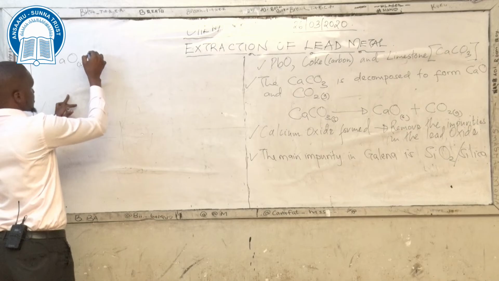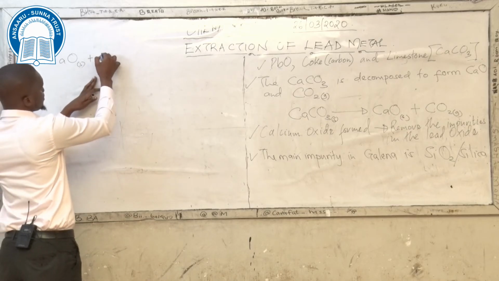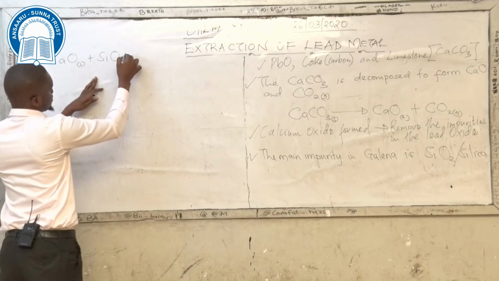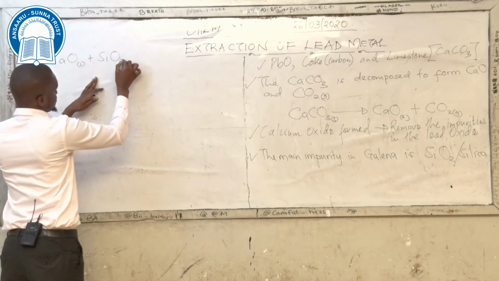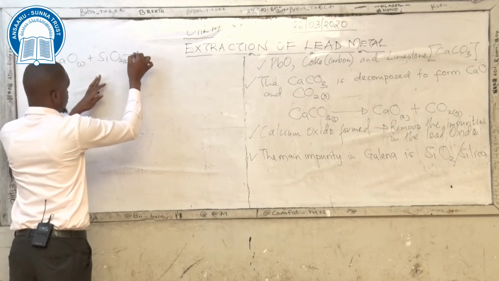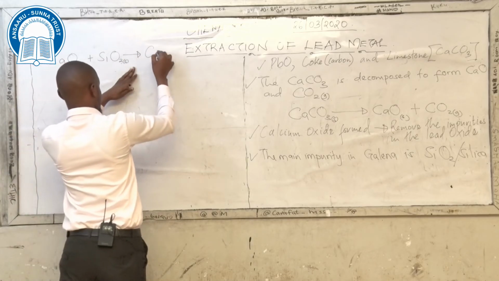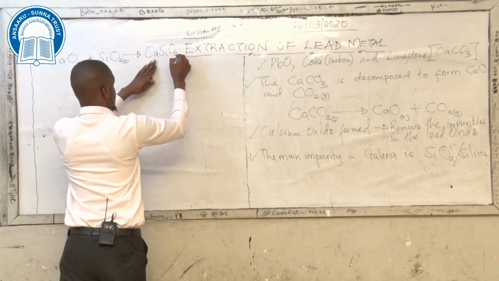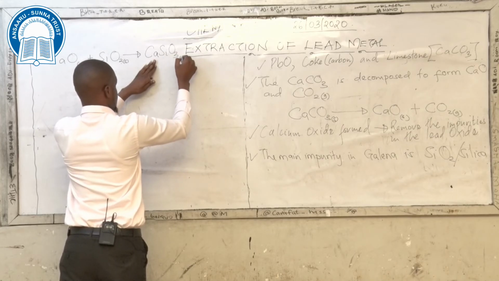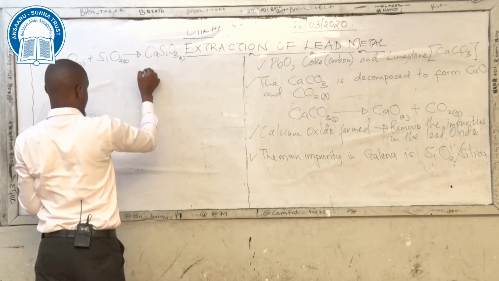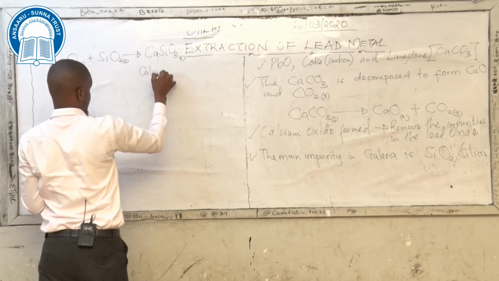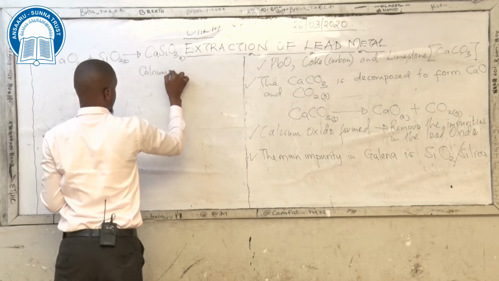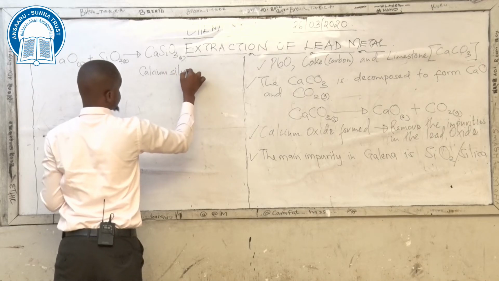This reacts with the silicon dioxide, silica, and what is formed is calcium silicate, which forms part of slag.